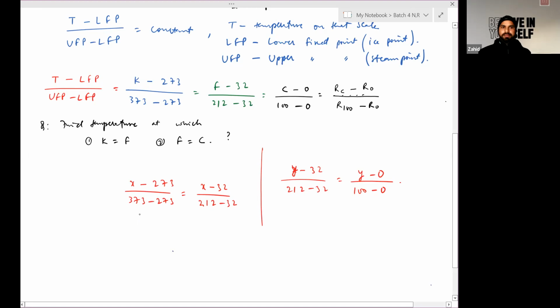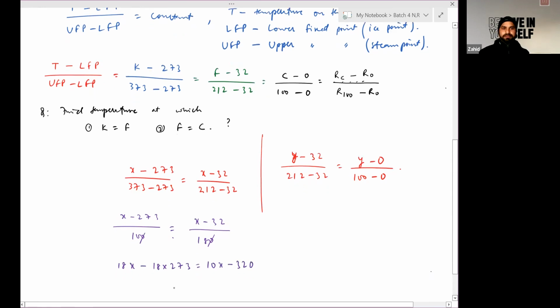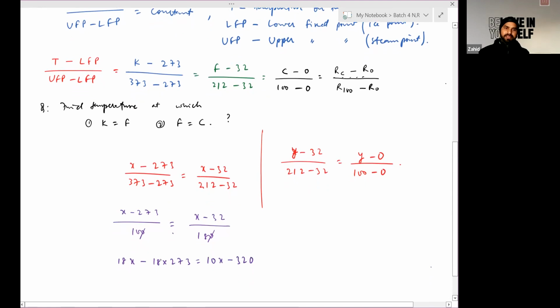Let me solve. We can write this as (x minus 273) divided by (373 minus 273), which is 100, equals (x minus 32) divided by 180. So this 0 and this 0 will cancel out. Just cross multiply it. So it will be 18x minus 18 into 273 equals 10x minus 320. Move this 10x to the left side.